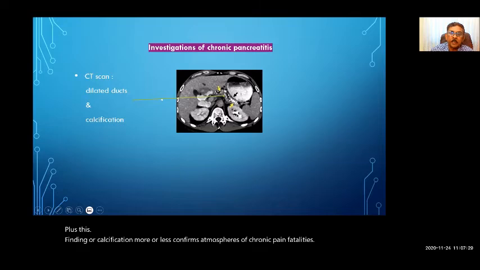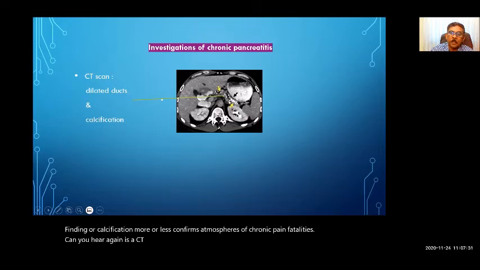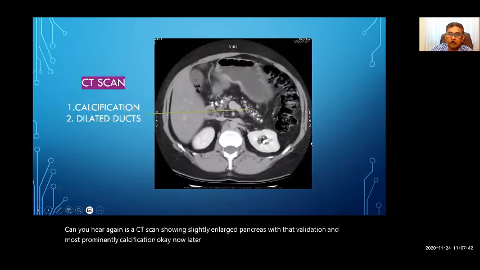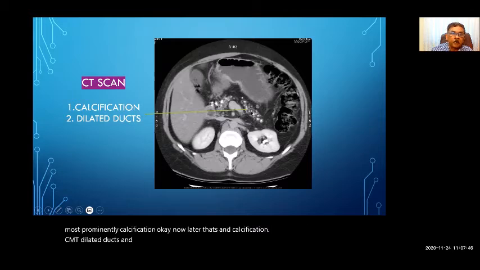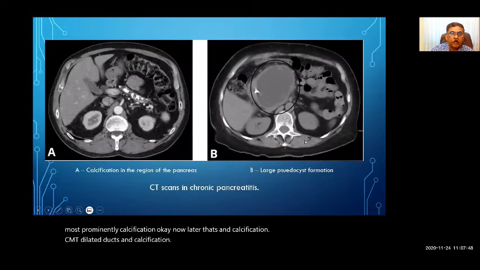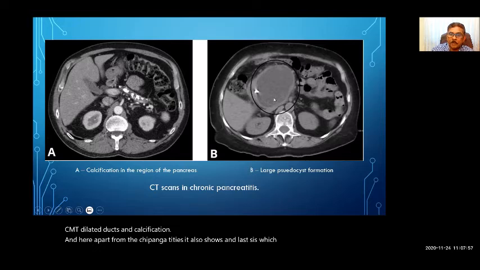Okay, here again is a CT scan showing the slightly enlarged pancreas with duct dilatation and most prominently calcification. Okay, dilated ducts and calcification. Same thing, dilated ducts and calcification. And here, apart from the acute pancreatitis, it also shows an enlarged cyst, which is a pseudocyst in the pancreas.